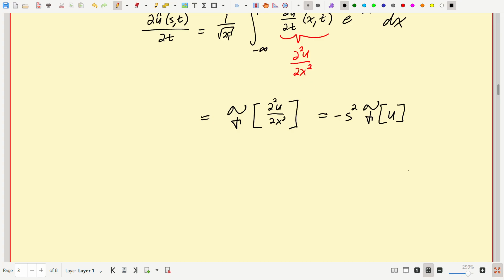And t is floating along like a parameter. So what I get, hopefully it will be justified, is that d u hat/dt in s and t is equal to minus s squared u hat of s, t. Put that in a red box.